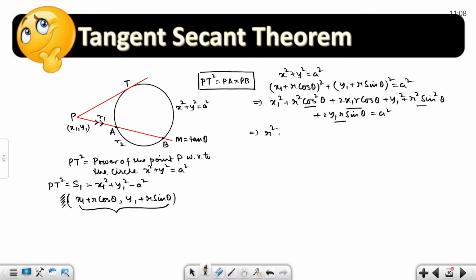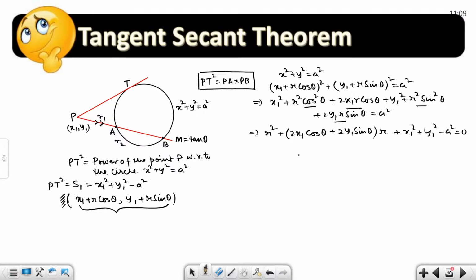From this 2, if I take R common, we are having, and we are left with, which is equals to 0. So this is a quadratic equation in R.